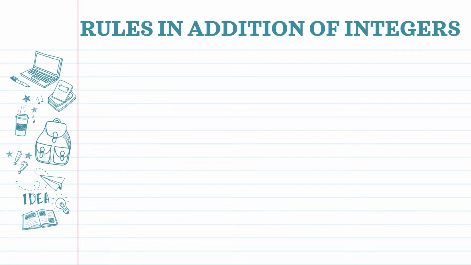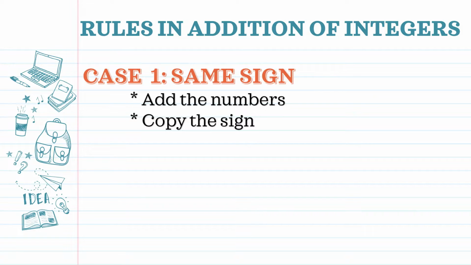And these rules will be based on two cases. Case number 1 is where the integers that will be added have the same sign. That means they are both positive or both negative. In this case, the rules are first to add the numbers, and then copy the given sign.